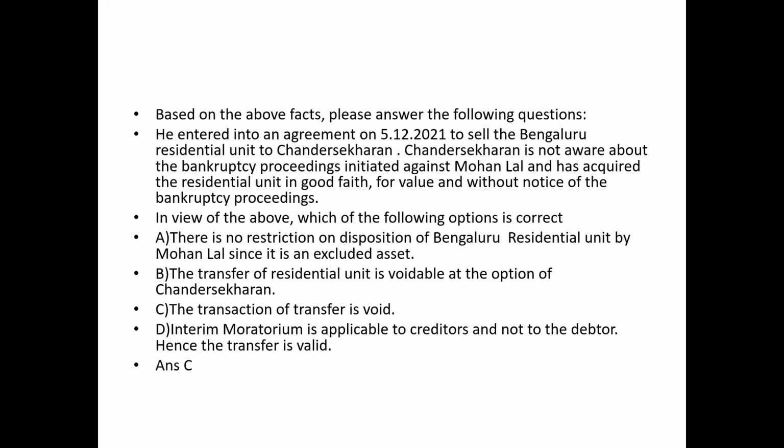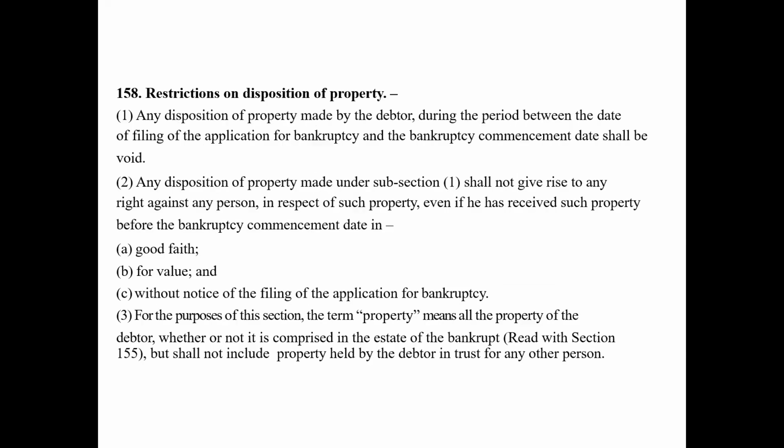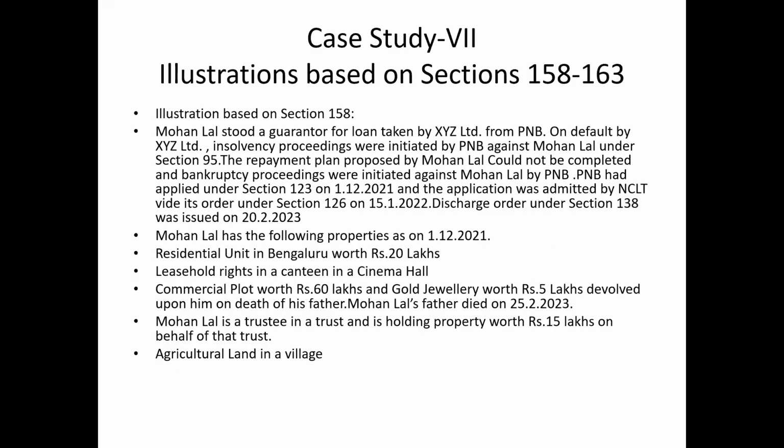Actually, in Section 158, what are the things we have to see? I have reproduced Section 158 here also for your reference. So what we have to see? First of all, we have to see the date of filing of the application. Second, the bankruptcy commencement date. What is the date of filing of the application? 1st December 2021, sir. Okay. And what is the date of 15th January 2022.